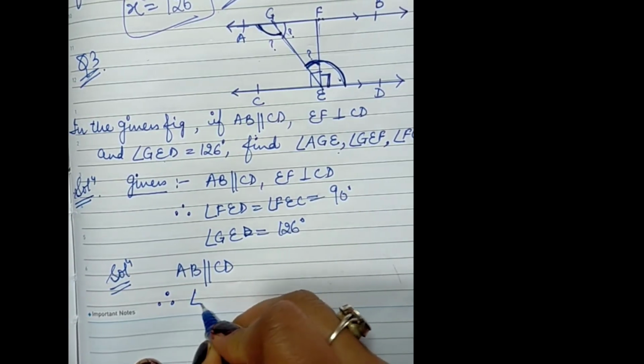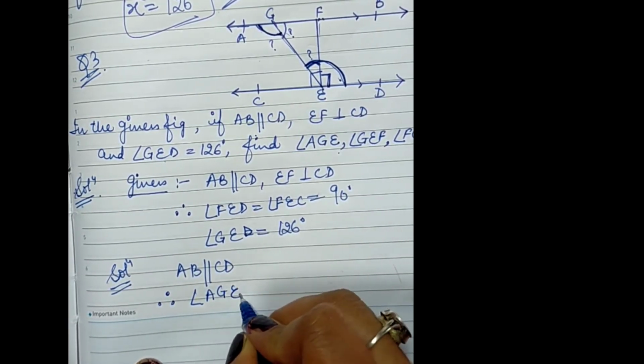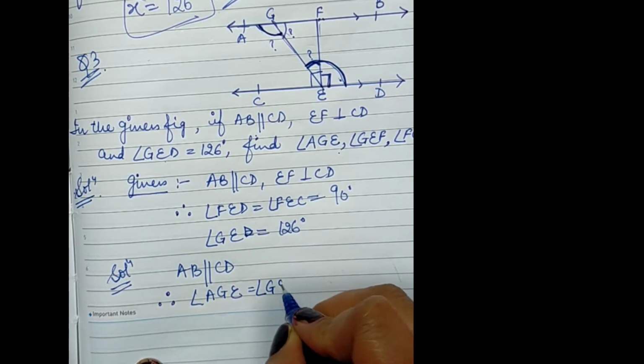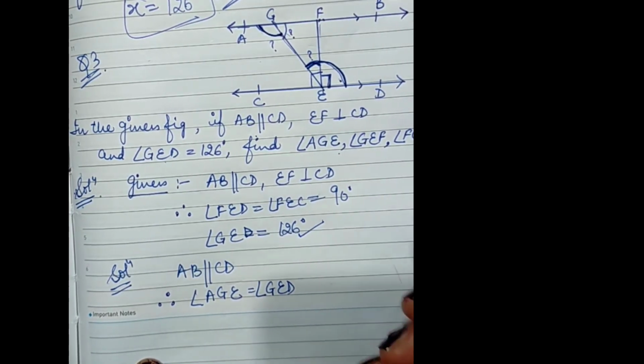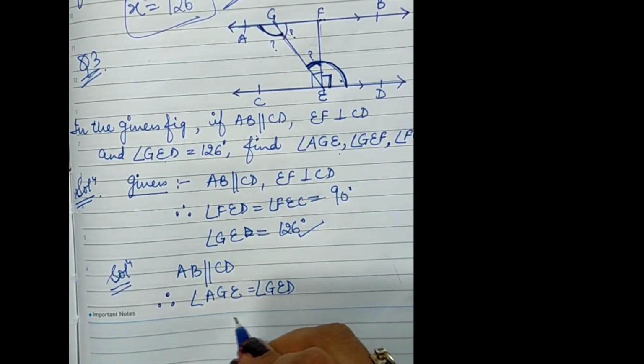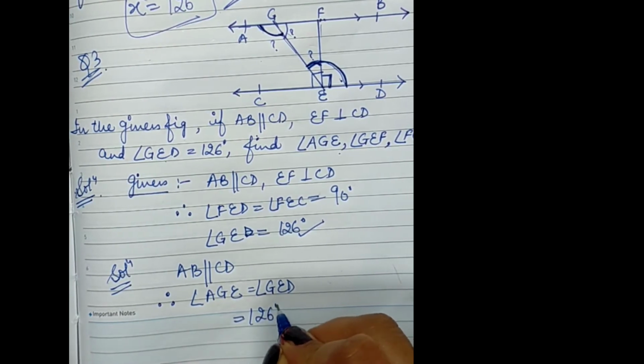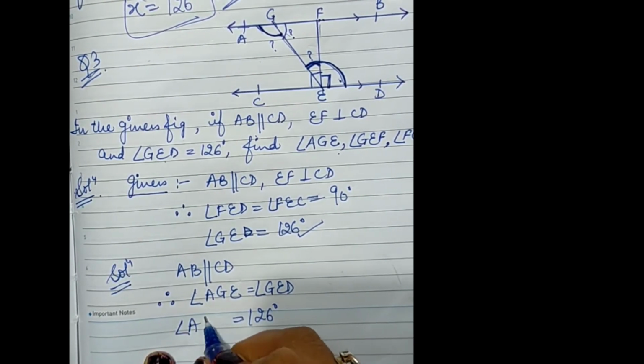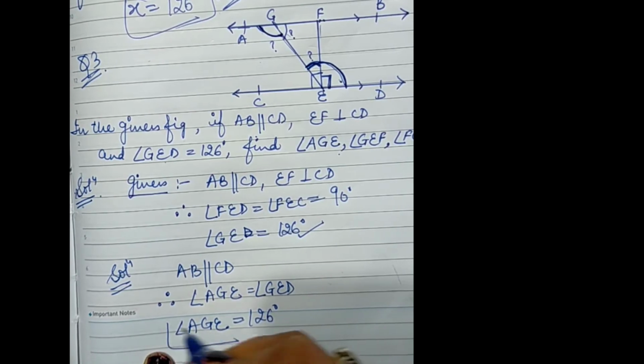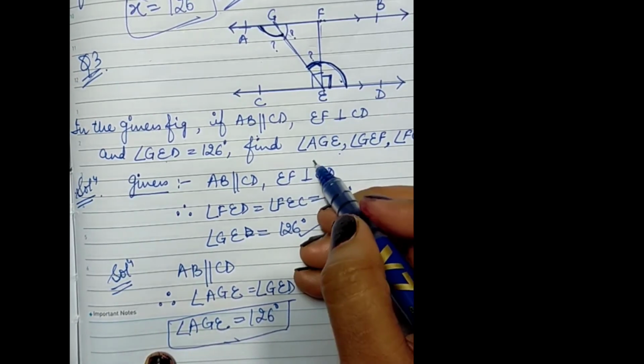So angle AGE is equal to angle GED. GED is given to be 126. So simply I got AGE as 126. So this part is done.